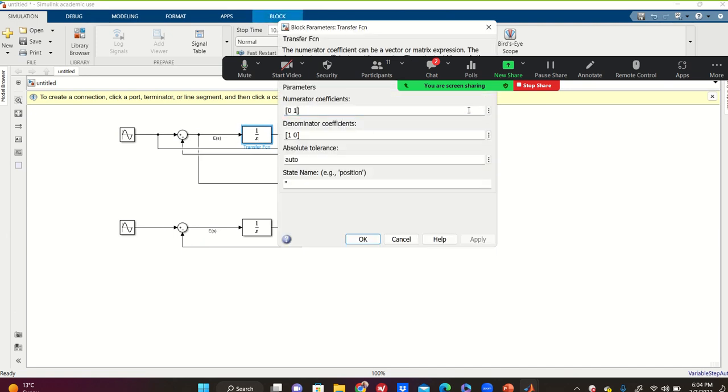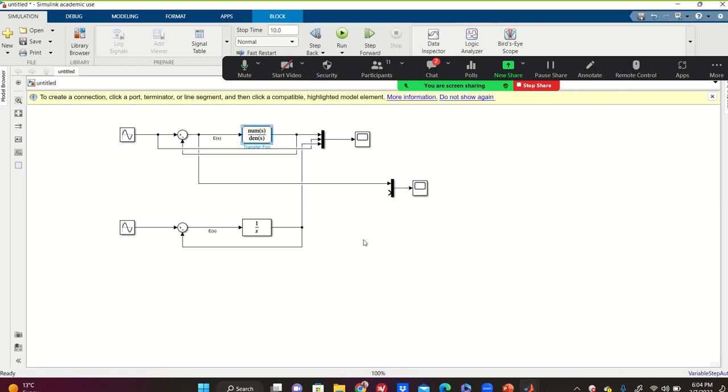So your open loop transfer function here is going to be S over 10, and here you have to put this large small number, because this is going to multiply by S, meaning 0. Now this is your open loop transfer function for the high pass filter.